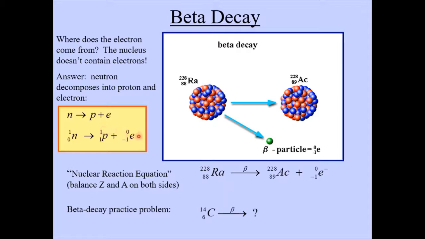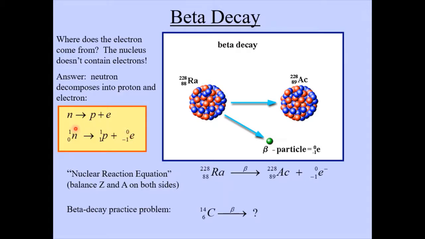And then remember, we just talked about the electron. It has a negative charge, so it has a -1 down at the bottom, like the atomic number. And then on top, which is the total number of protons and neutrons, it's 0, because the electron is this tiny little particle that weighs almost 2,000 times less than a proton or neutron. So it doesn't really have any mass at all per se, so that's why there's a 0 up here.